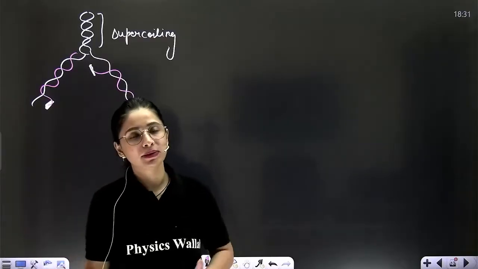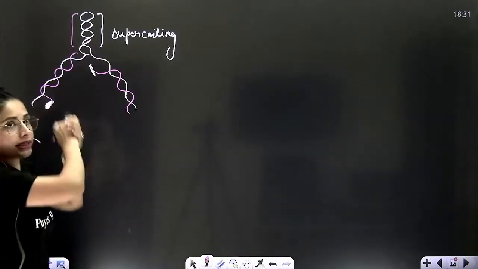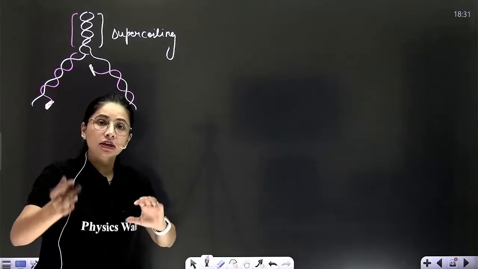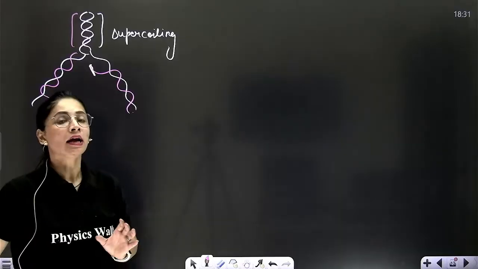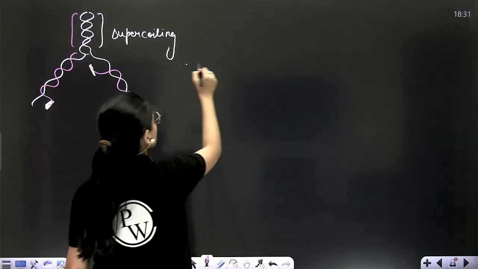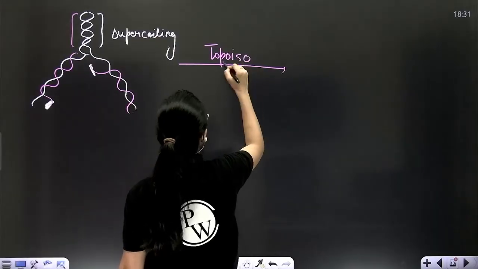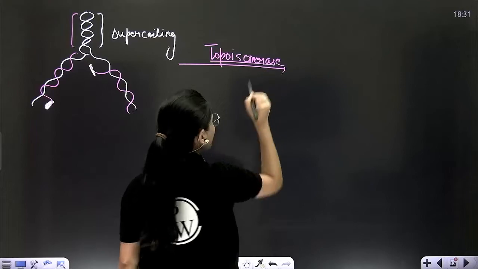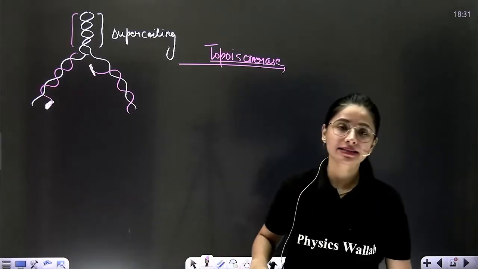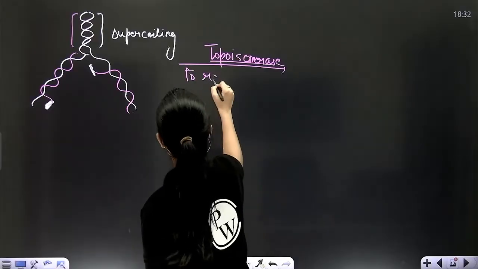Why? Because SSBP got removed. Now further replication of this portion needs to be done. So first, supercoiling needs to be removed, which cannot be done by normal helicase. So now topoisomerase, called gyrase enzyme, will come to remove supercoiling.